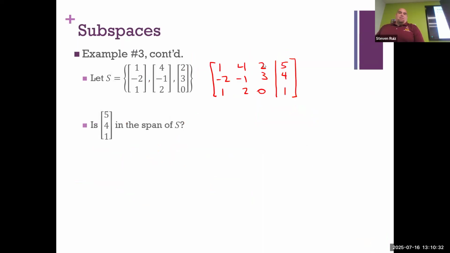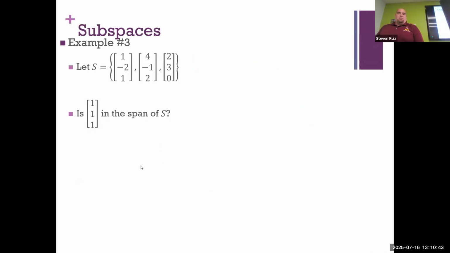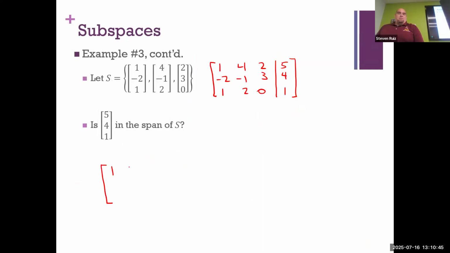So let's do this. I know 1, 4, 2, 0, 1, 1. I know that I can make the left-hand side of this look like this, right?